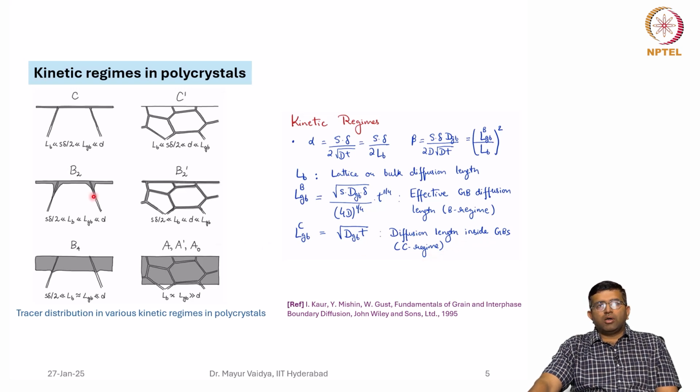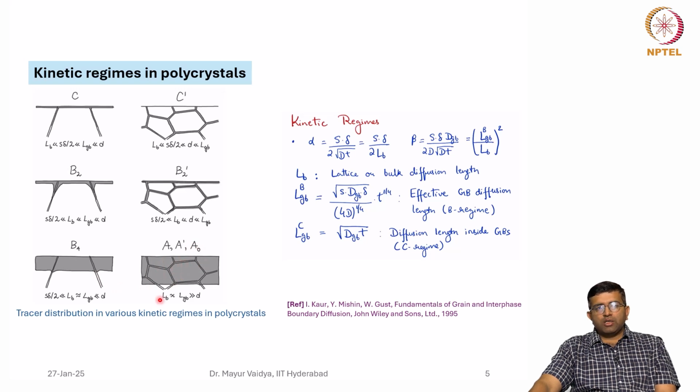Now, there are certain schematics for C and C dash. If you see C and C dash, the diffusion is happening in the grain boundaries only. You don't see bulk diffusion here. Here the fraction of grain boundaries is slightly higher, or the grain size is slightly lower, than in the other case. Then similarly you have a B2 regime, a B2 dash regime, a B4 regime, and then different types of A regimes also.